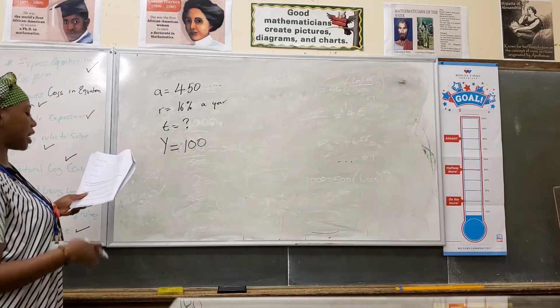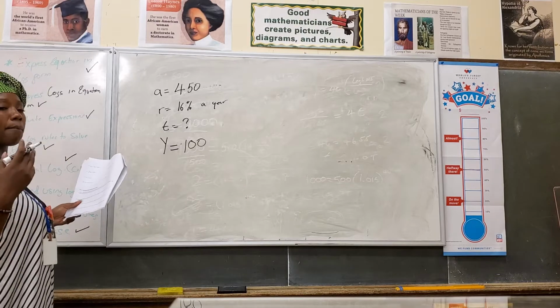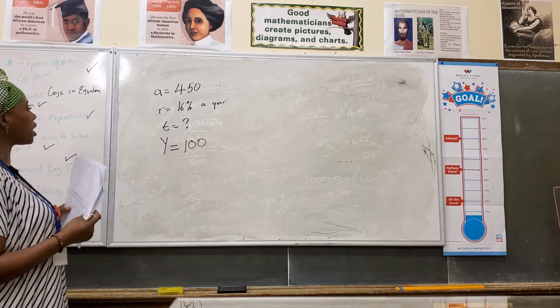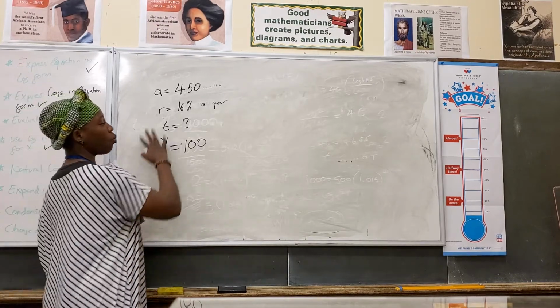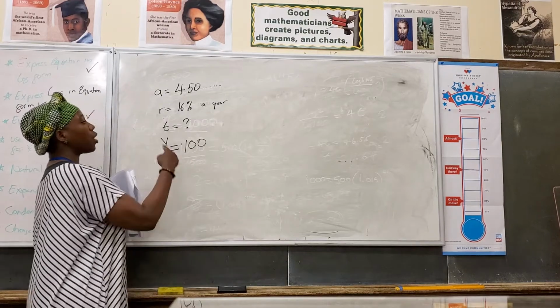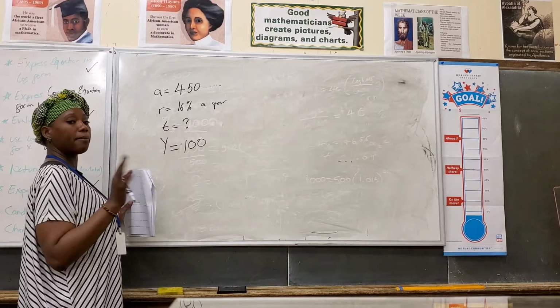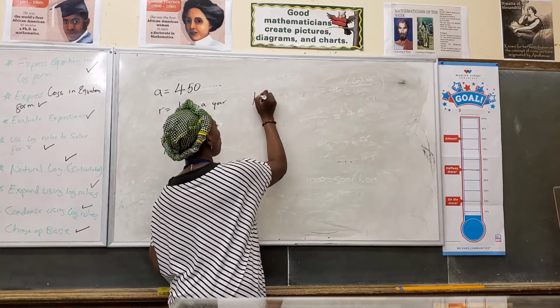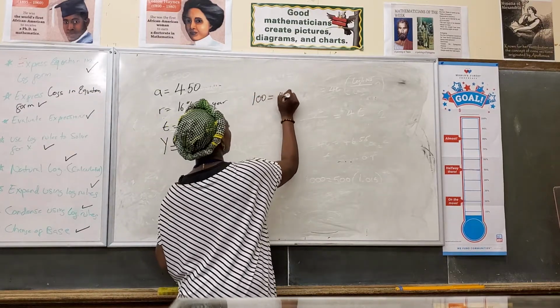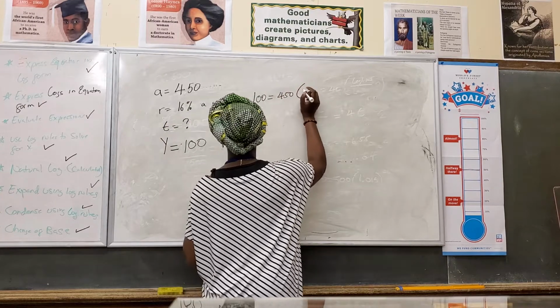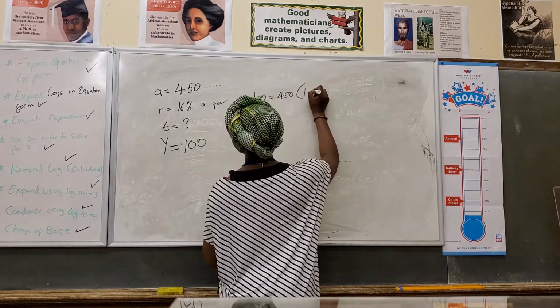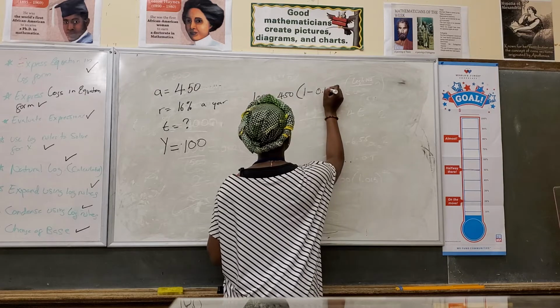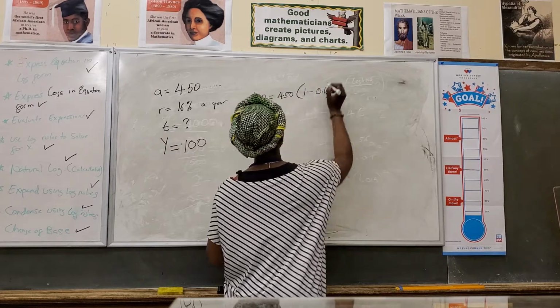Now this one, they didn't say compounded annually, they didn't say compounded monthly, they didn't say anything. So this one, our n is going to be 1, because that means they only do it one time. So it's 16% divided by 1, so just 16%. So I'm going to go ahead and say, when will 100 equal 450? And because they say it is decreasing, 1 minus our 0.16, raised to the power of t.